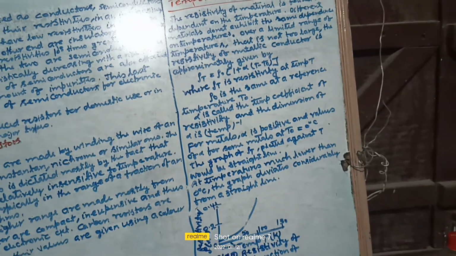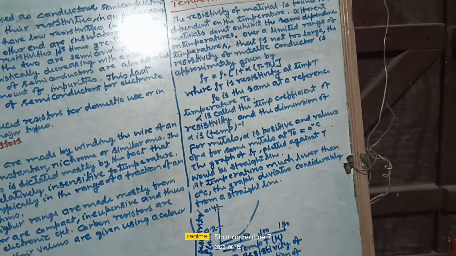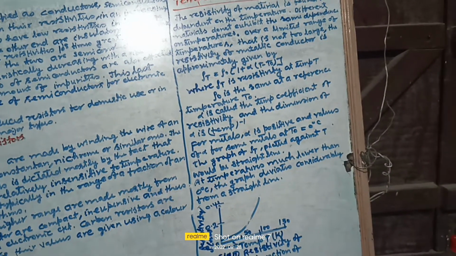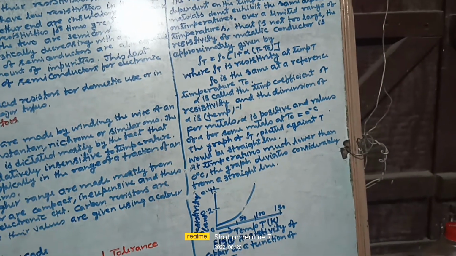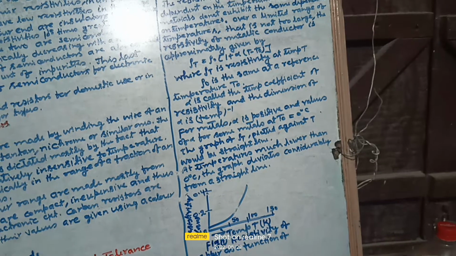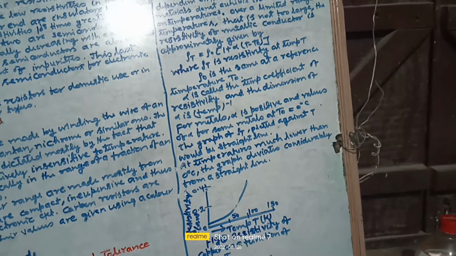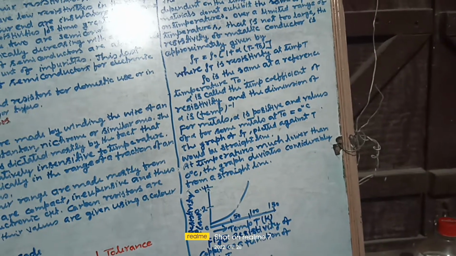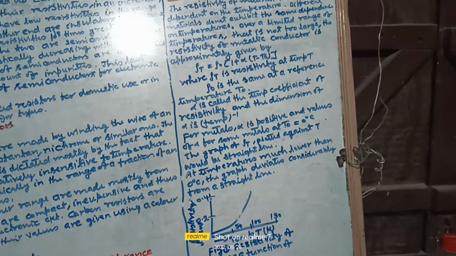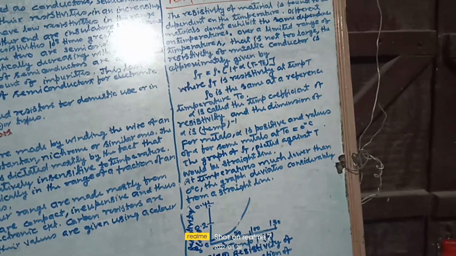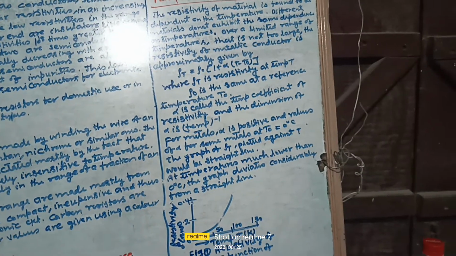Over a limited range of temperatures, that is, not too large, the resistivity of a metallic conductor is approximately given by ρt = ρ0[1 + α(T − T0)], where ρt is the resistivity at temperature T and ρ0 is the same at reference temperature T0. Alpha is called the temperature coefficient of resistivity, and the dimension of alpha is temperature^-1. For metals, alpha is positive, and values of alpha for some metals are given at T0 = 0 degrees C.